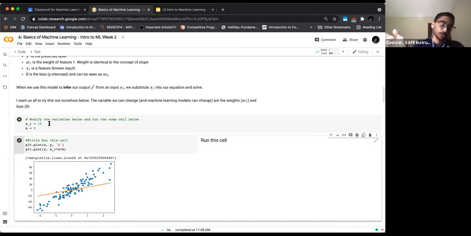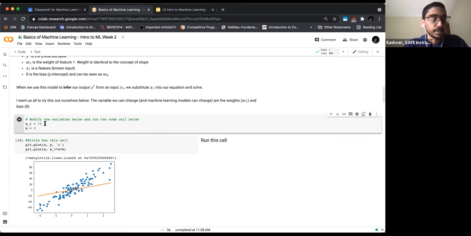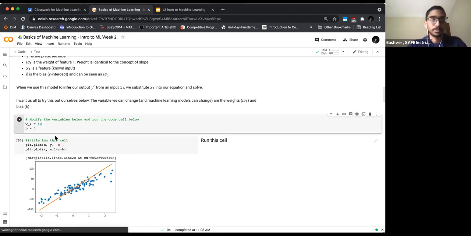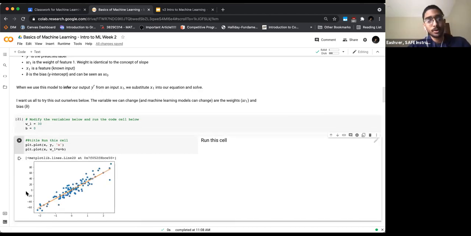Then you thought, let's put 50. Now you're way too far off. It's way too steep for what you want to predict. So you put something in the middle, that's 30. Well, that's pretty good, and you can make it better from there.